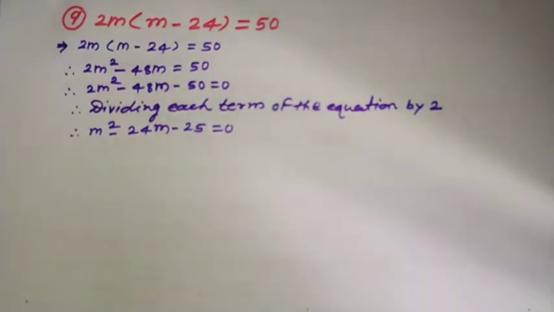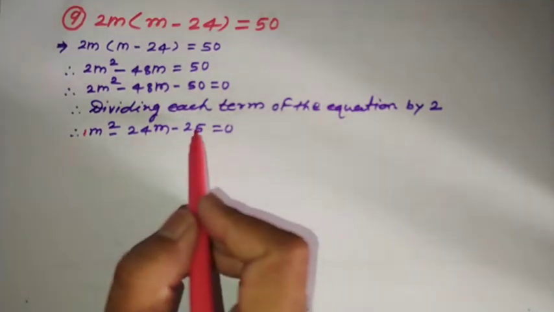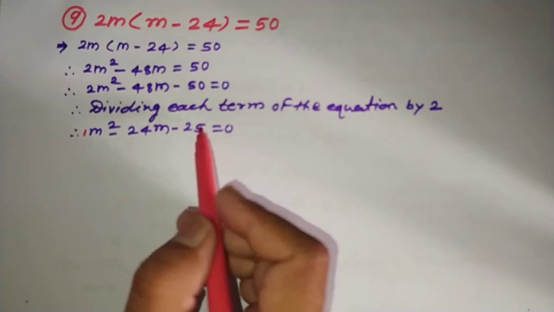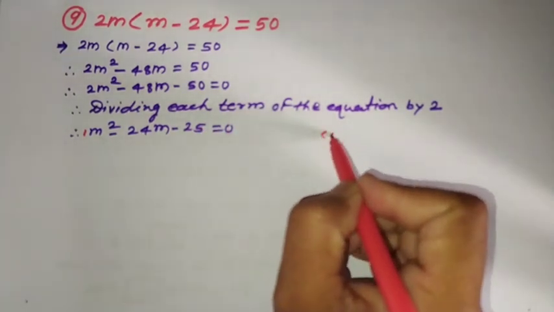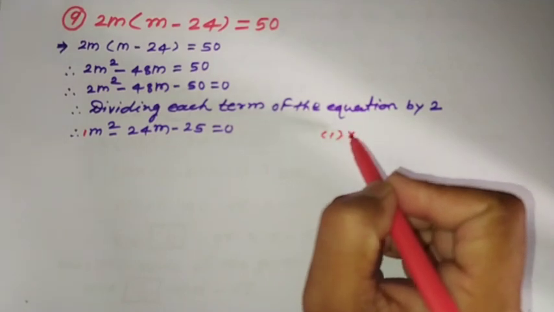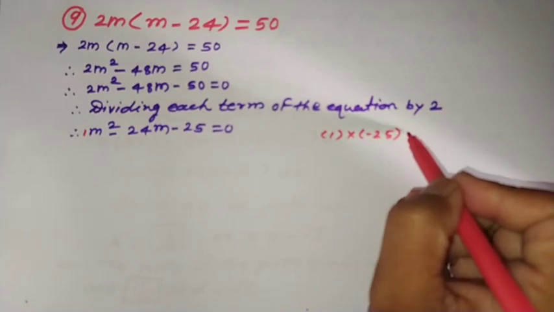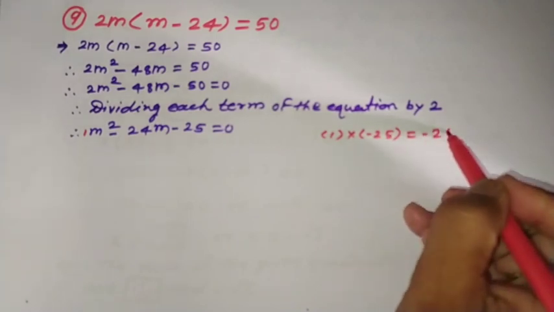The multiplication of two terms: m square coefficient 1 and constant term minus 25, 1 into minus 25 is equal to minus 25.